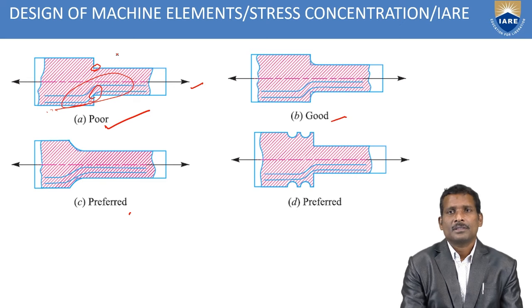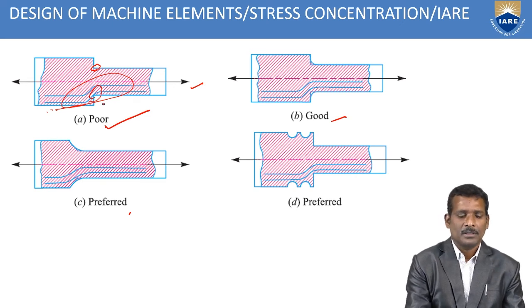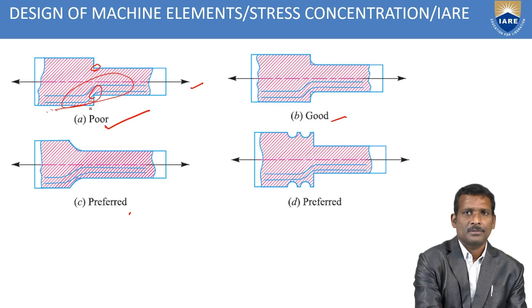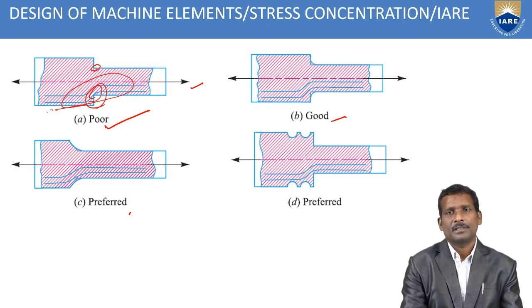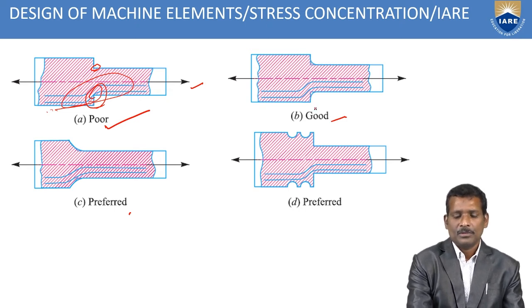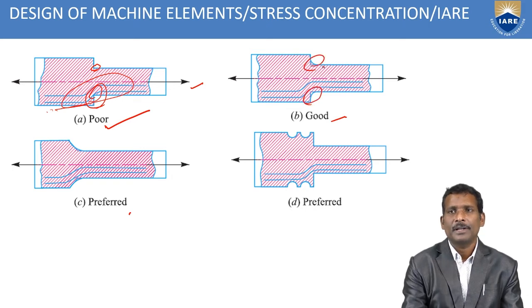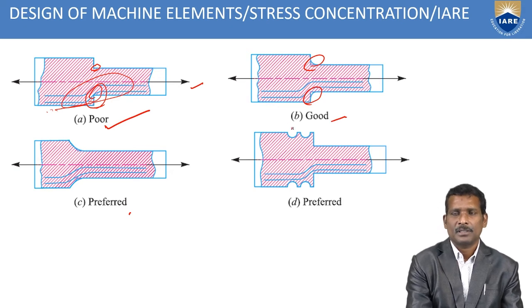Clear? So in this case, the stress concentration at this portion will be high, so you have to reduce the stress concentration at this region. The reducing method here is to provide some fillet. Here fillets are provided, so the stress concentration is somewhat reduced. You can observe in this diagram that the stress distribution lines are not very near to this sharp edge. Clear? They bend like this.